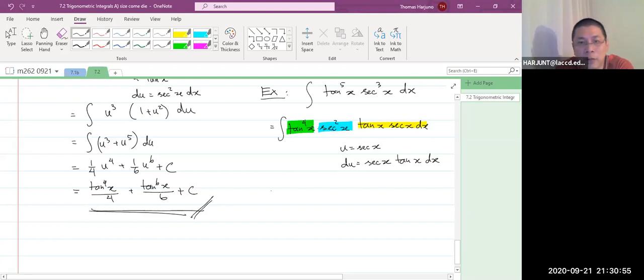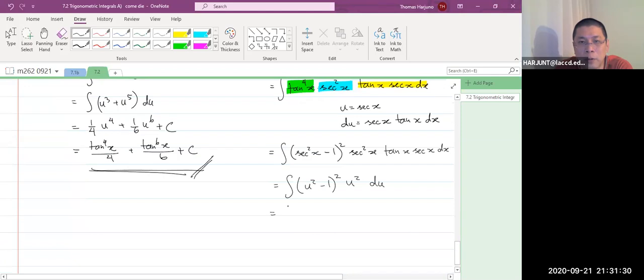Okay, let me rewrite it first. This is the integral, for the first part, this will be secant squared x minus 1. That's tangent squared, squared, and make it tangent to the 4th. So I get the integral of u squared minus 1 squared times u squared du.